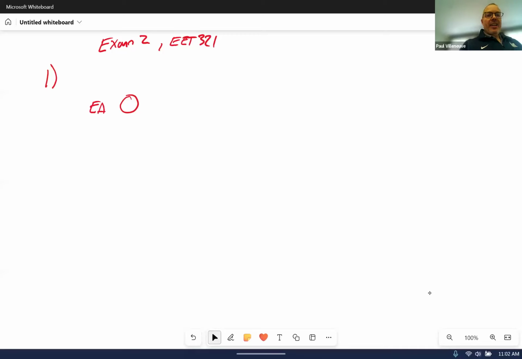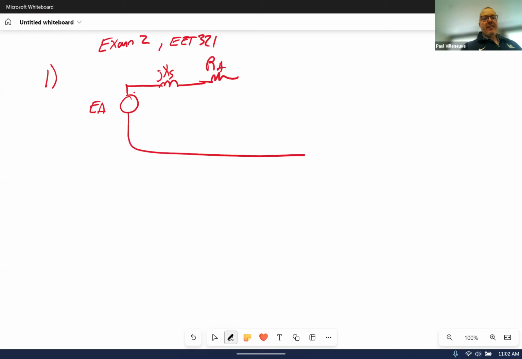So here's EA. Here is, and it doesn't really matter. We'll call this JXS. Here is RA. JXS was J2.2. And this is 0.15. And then the thing it said was it's operated to provide rated voltage at the terminals.